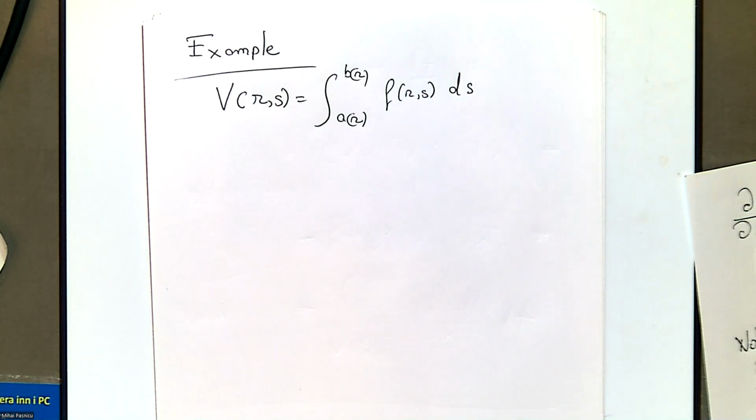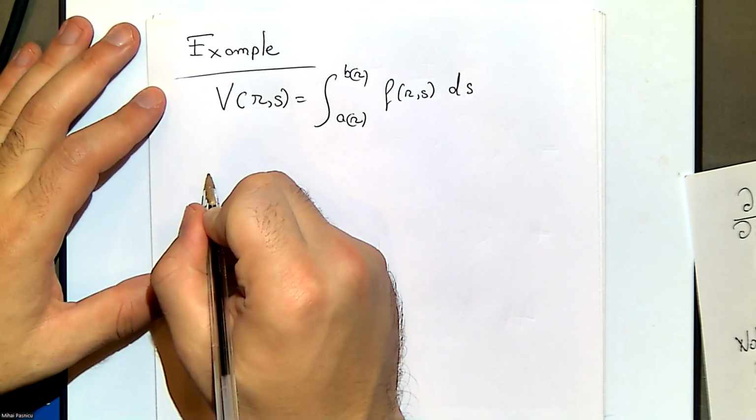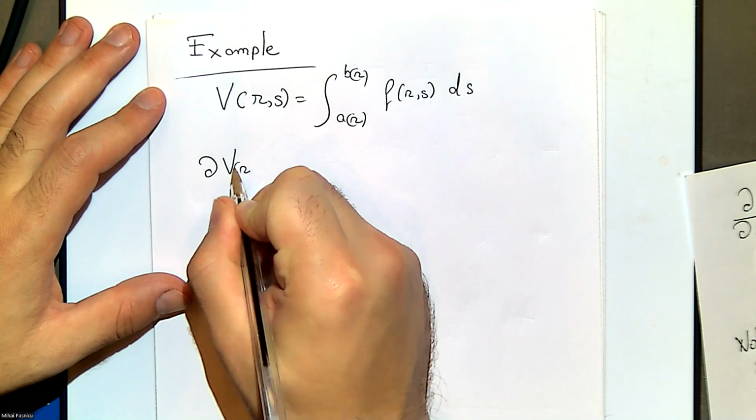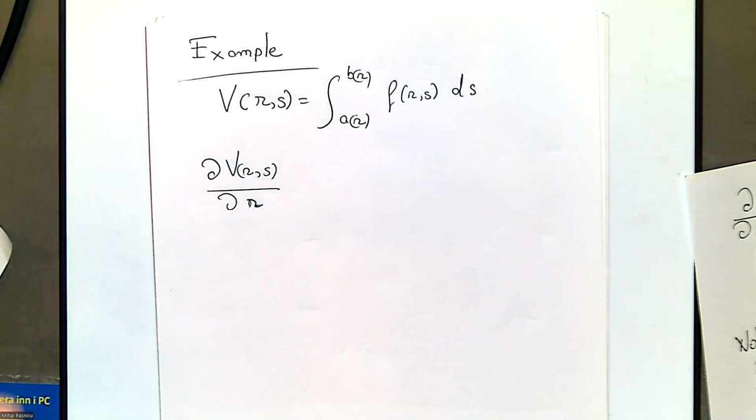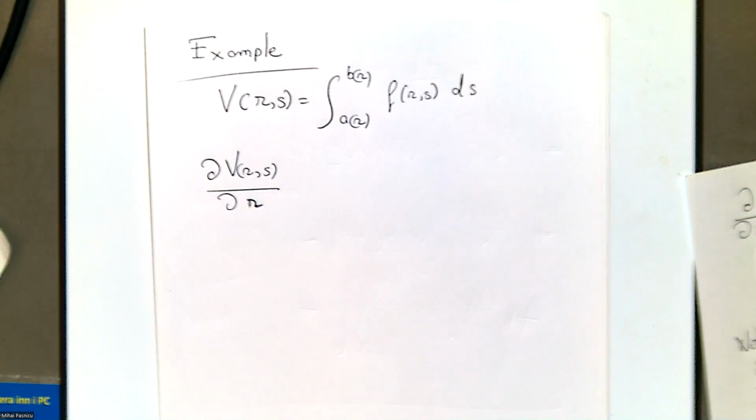You've already seen problems with value functions like this, and then they're asking you, what is the change if r goes from 10 to 100 or something like that? If you have an integral there, it's a perfect case where you have to compute the derivative with respect to r, which is a classic application of Leibniz in this case.